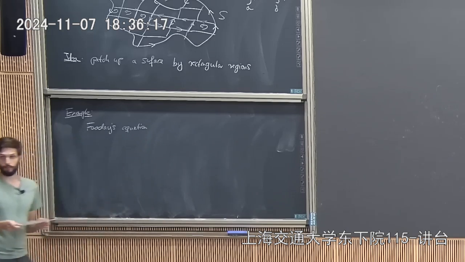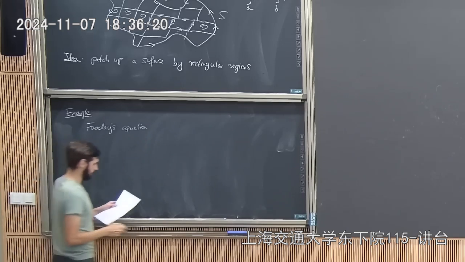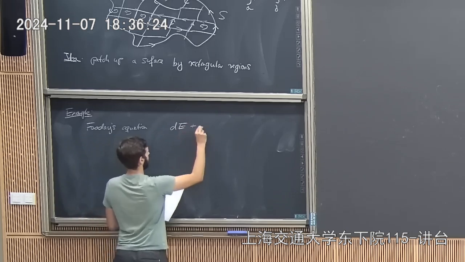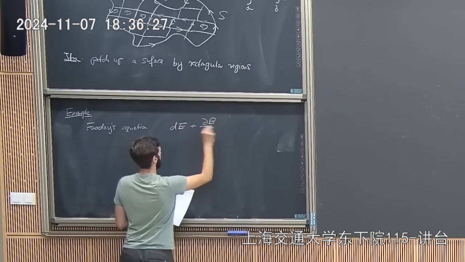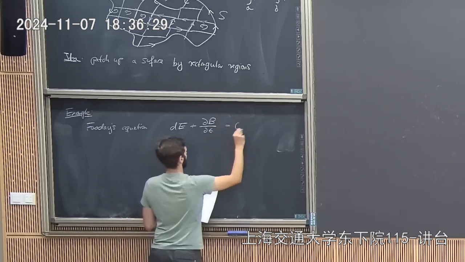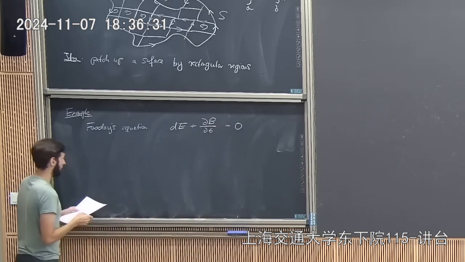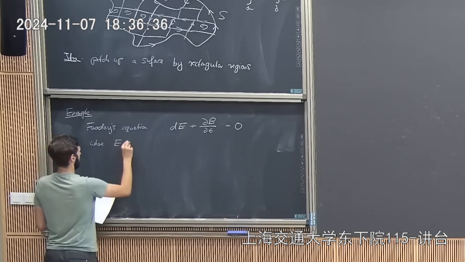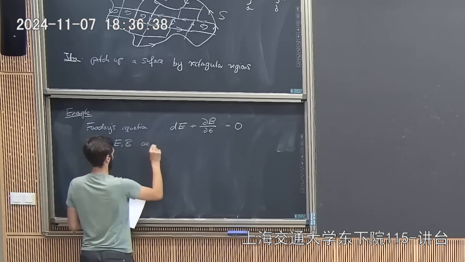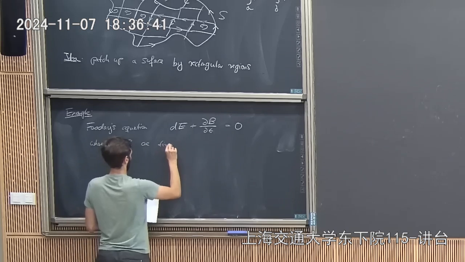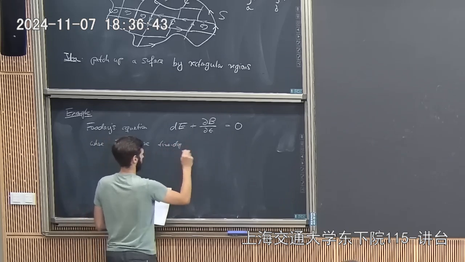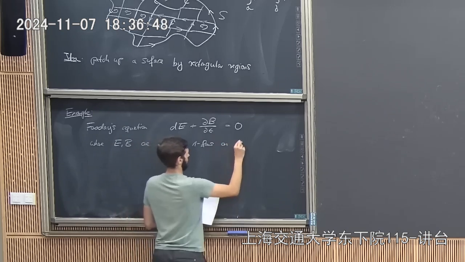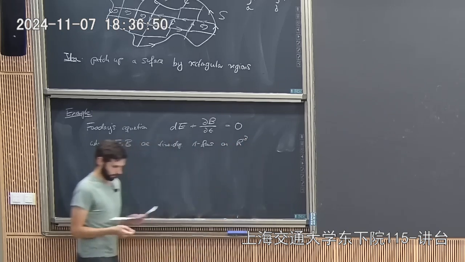And since we already know differential forms, I give it to you in the following form: dE plus the time derivative of B equals 0, where E and B are time-dependent forms on some subset of our space.